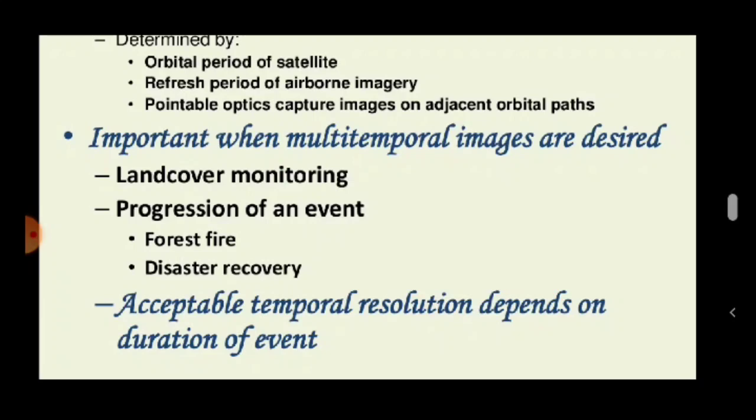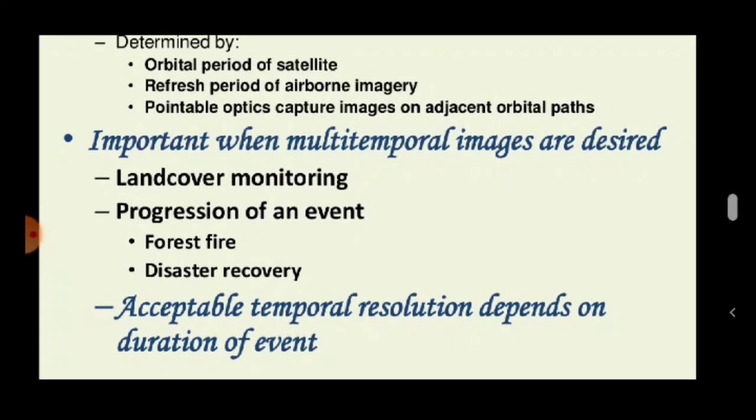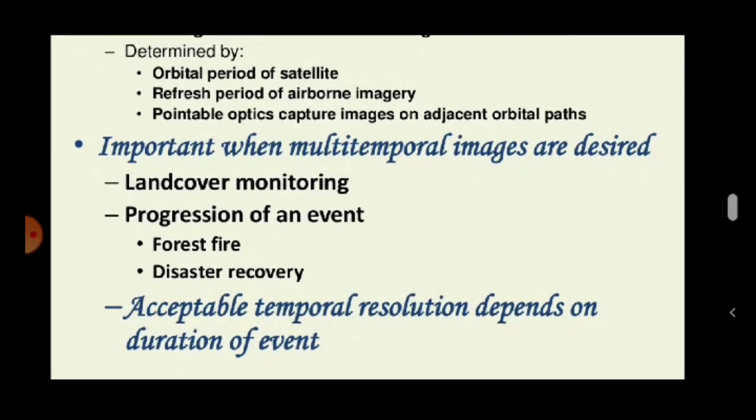So one of the advantages of geosynchronous sensors is that you can decide the repeatability when you design the satellite. But with polar orbiting satellites, you have to decide it when you decide the orbit.